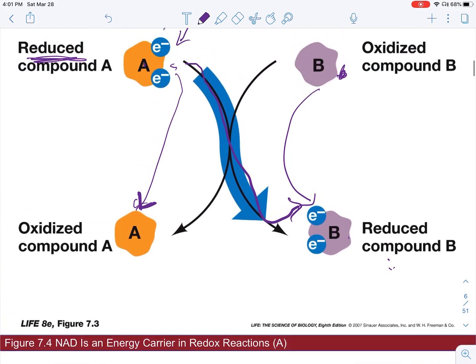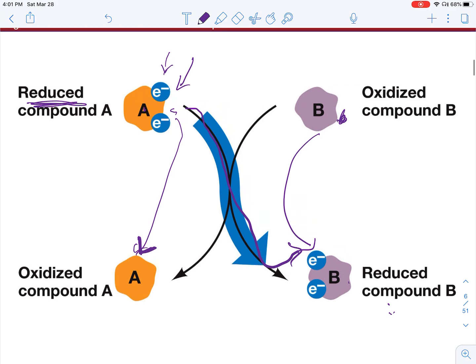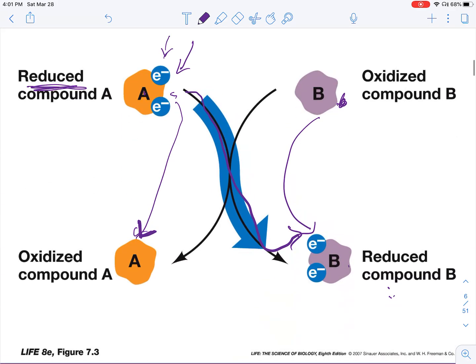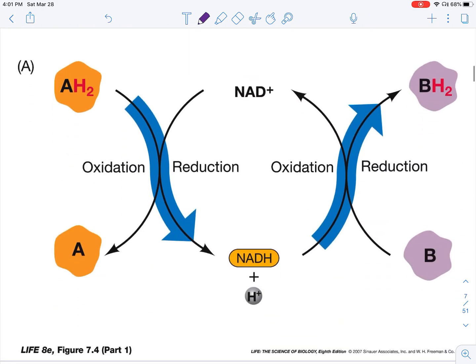And we can look not only at the transfer of electrons directly, but we can also transfer electrons in the form of hydrogen atoms. And remember, a hydrogen is just a proton and an electron, right? So it's one proton and one electron. There are no neutrons associated with hydrogen, right?